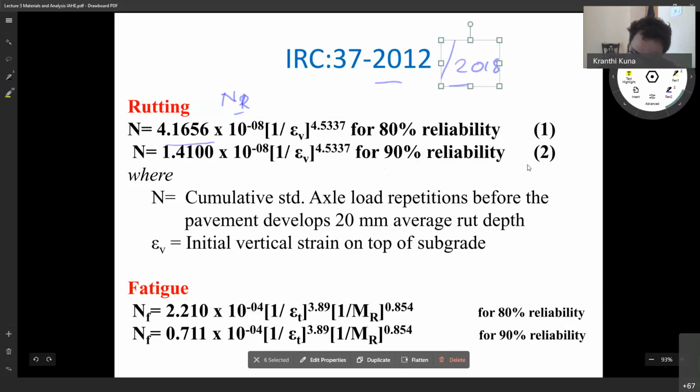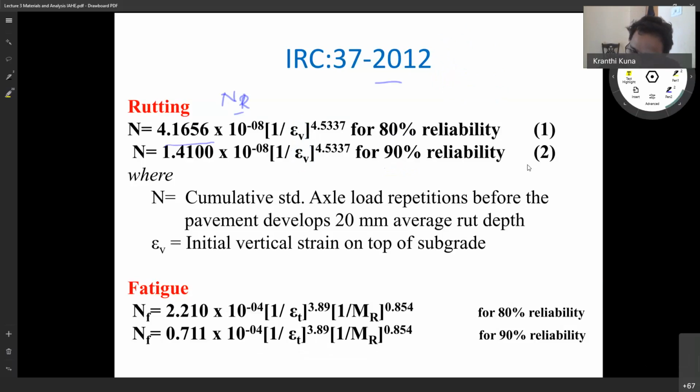As per IRC 37, I'm talking about conventional bituminous pavement. Obviously different pavements have different criteria, but in general, remember. For example, this is asphalt, and this is unbound, granular base and granular subbase.